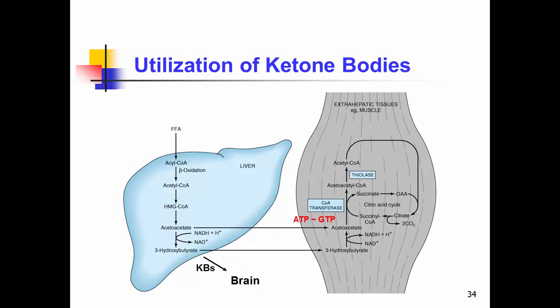These are the two common ketone bodies because they are present at relatively high levels in the circulation. So tissues, particularly muscle, and here I'm just using muscle as an example, pick up ketone bodies and then oxidize them, right? This is the pathway by which muscles utilize ketone bodies for energy.